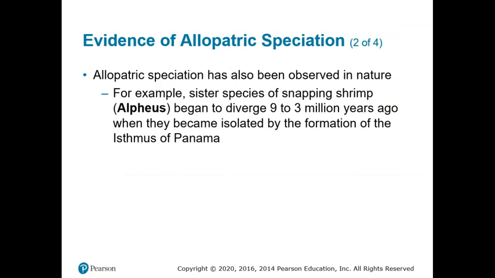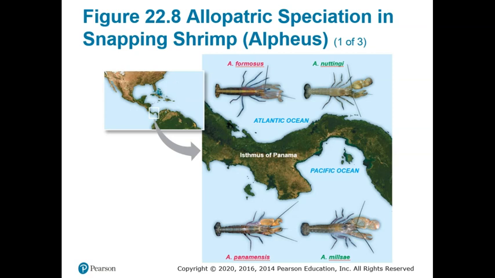Allopatric speciation has also been observed in nature. The Isthmus of Panama. Panama Canal. Who built that? Y'all know that history? I mean, what president was Roosevelt? And so you can see right here, different shrimps are just 2 of the 15 pairs of sister species that arose when this formation happened.